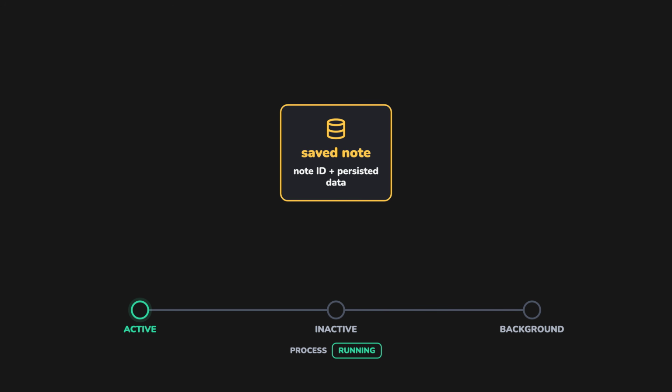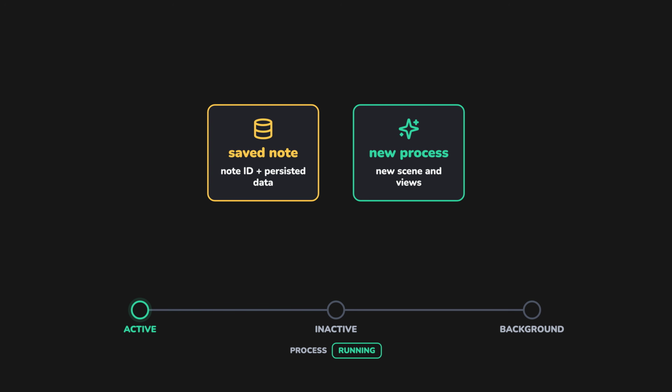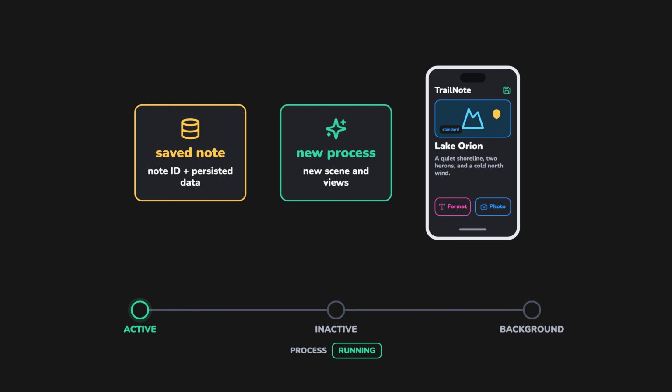When the user comes back after process termination, iOS performs a new launch. TrailNote receives a new process, creates new scene and view instances, and must reconstruct the experience from the saved information. The user actually sees the same note, but the objects representing it are not the old objects.